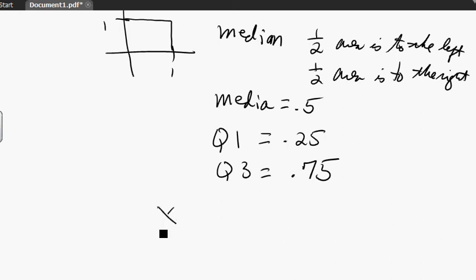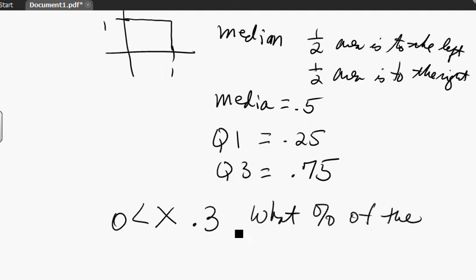And if X is between 0 and 0.3, what percent of the observations lie on this interval?